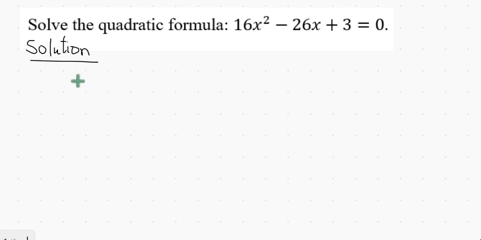We know that the quadratic formula is given by x, and I'm using x over here because the variable involved in the equation given is x. So x equals minus b plus or minus the square root of b squared minus 4ac, all over 2a.